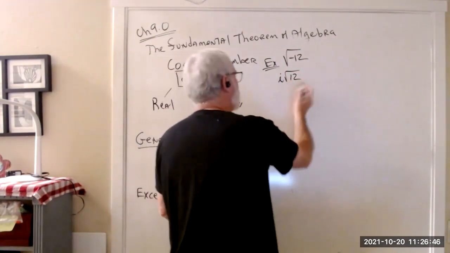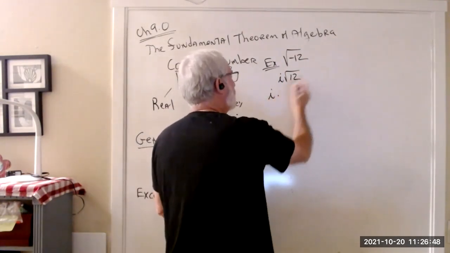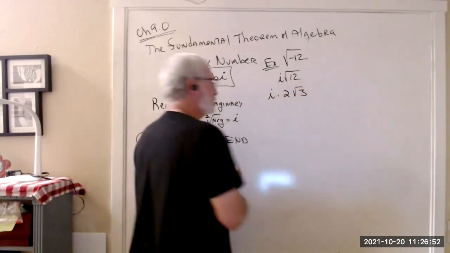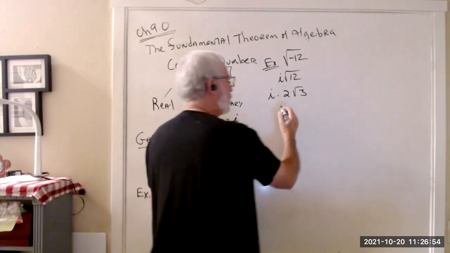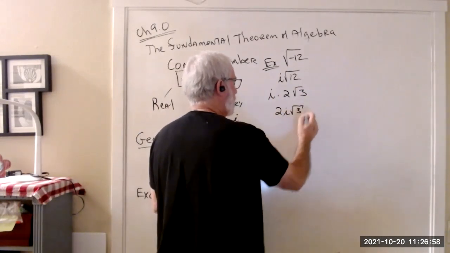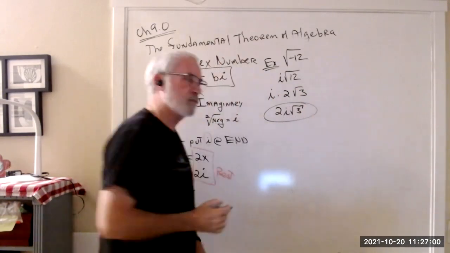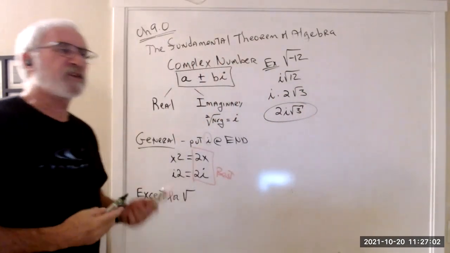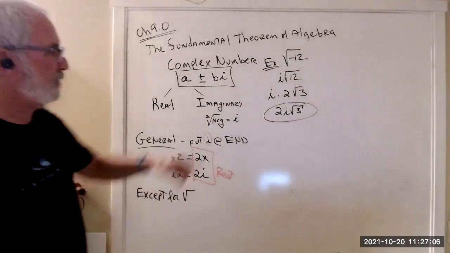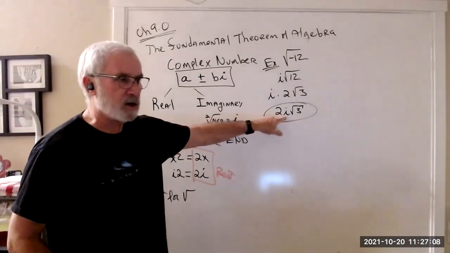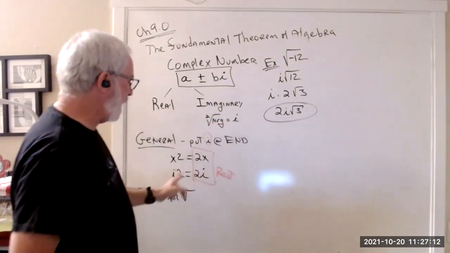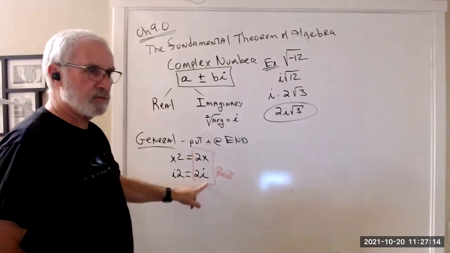Then I said, the square root of 12 becomes 2 radical 3. And so I wrote the answer as 2i radical 3. And that is the answer. So the exception is you put i in front of a radical, but you put it in the back of any other number.